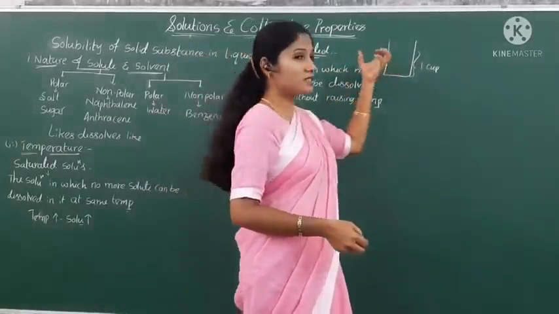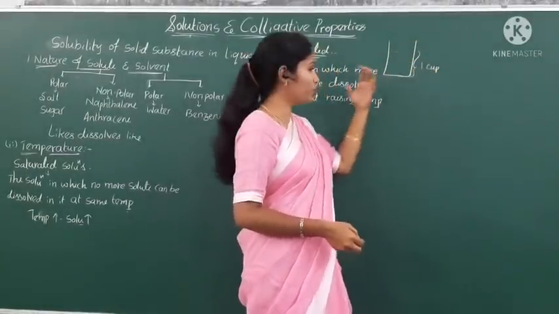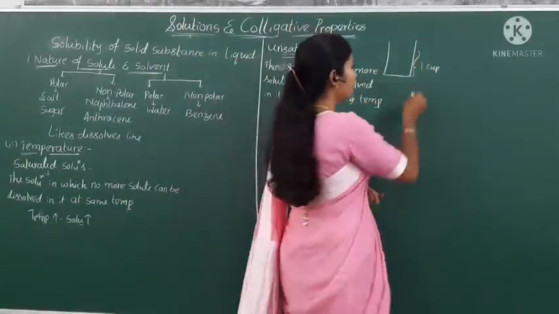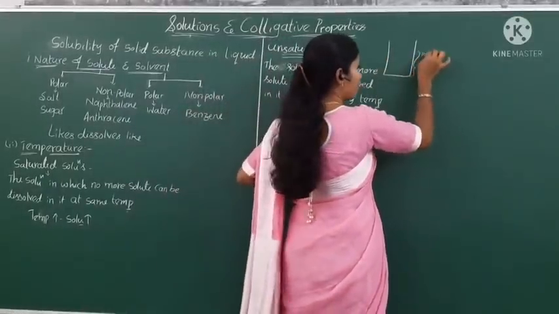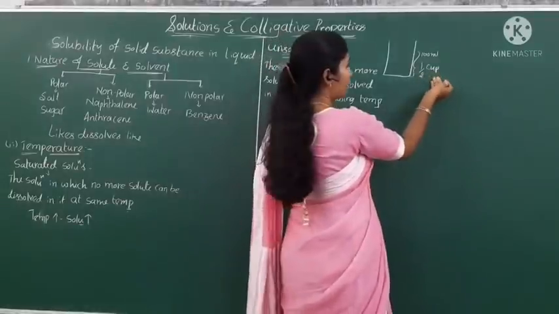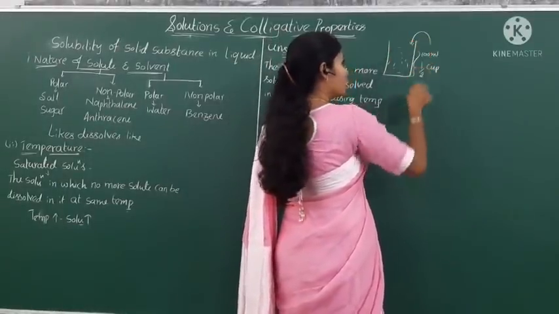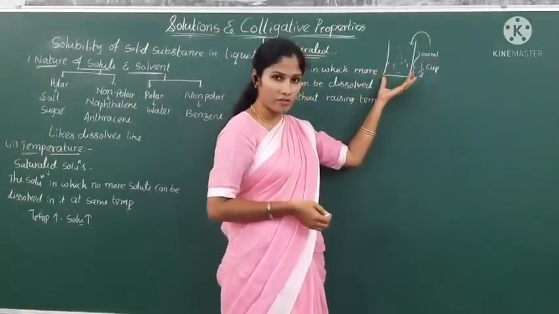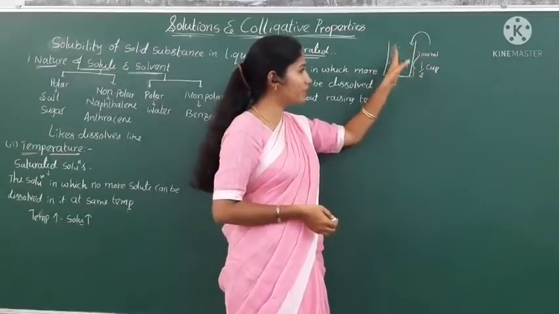It means it is ready to take a further amount of solute without raising the temperature. So first of all, add only half cup of sugar. Here we are taking 100 ml of water, and to this we are adding half cup of sugar. The half cup of sugar can dissolve in water. Again, we can add some more solute to this solvent, and that solute also can dissolve in water.